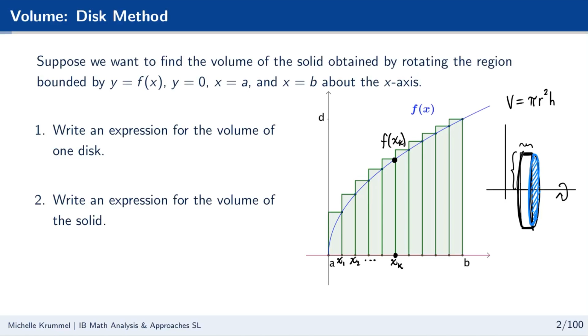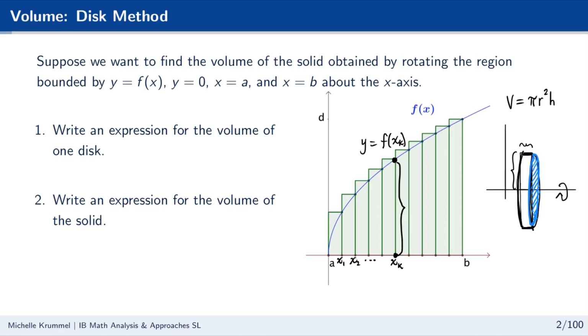Or going back to my graph over here, it's this vertical distance. That's the radius of my disk. And what is that vertical distance? Well, it's the top y value minus the bottom y value. The top y value is f of x sub k. The bottom y value is just y equals 0.